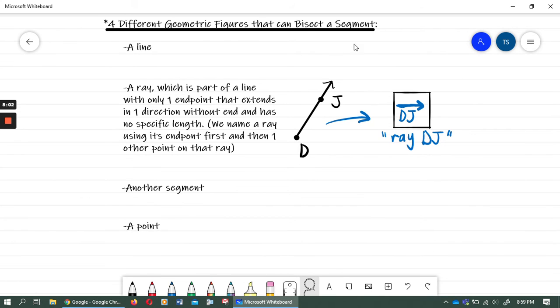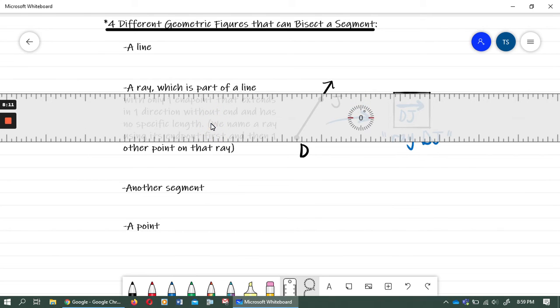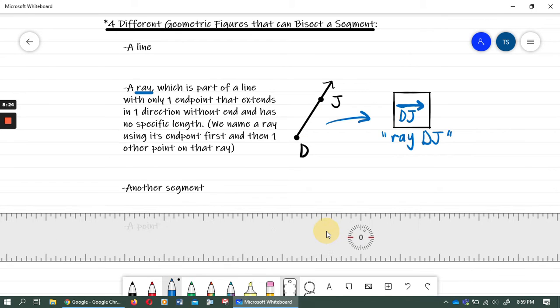But again, guys, these are the 4 different geometric figures that can bisect a segment. And again, folks, the only one of those that we had not already previously defined in one of our previous lessons was ray.